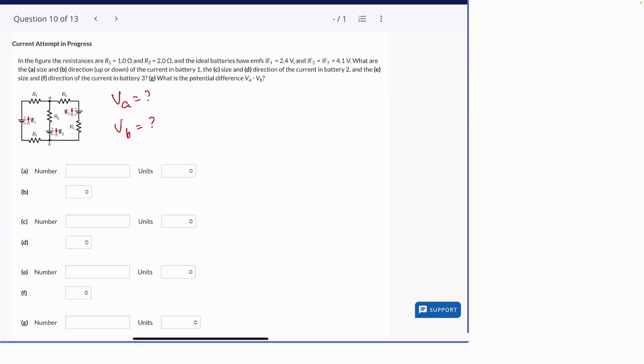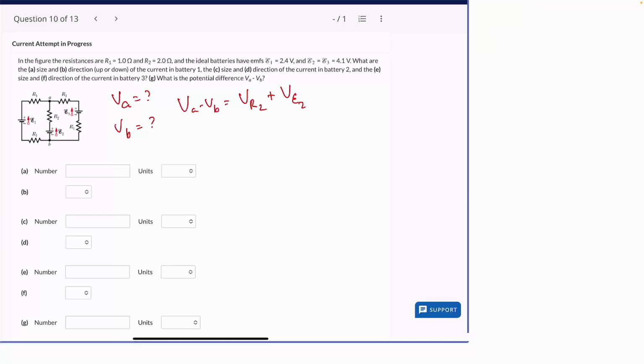There are several different ways to think about this, but I think the easiest is to look at what's going on between these two points. Since they say VA minus VB, I would start at A and go this way, right? So that potential drop, VA minus VB, has to be the potential drop across resistor 2 plus the potential of the battery.